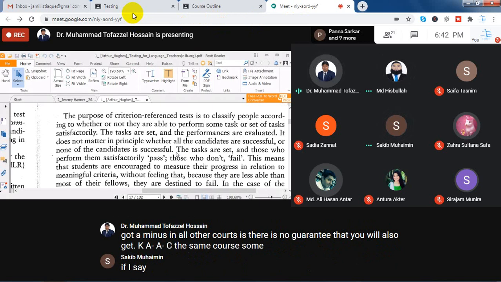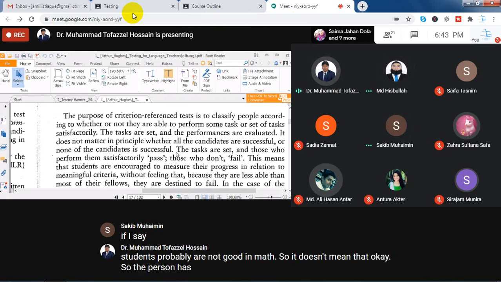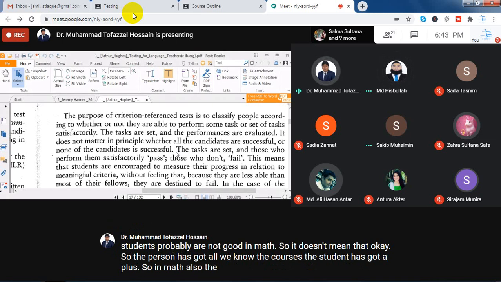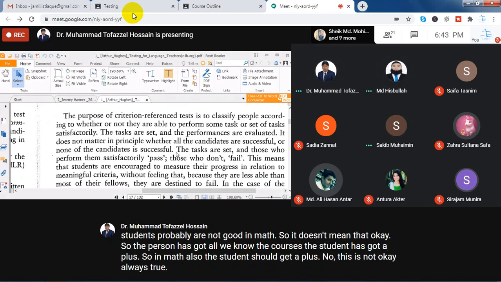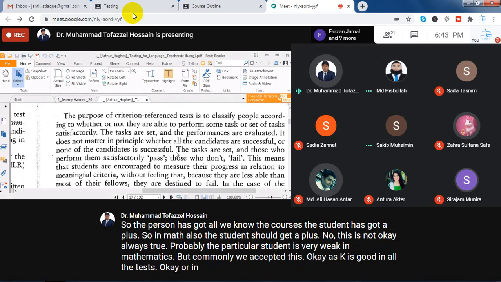Some students probably are not good in math, so it doesn't mean that because the student has got A plus in all the courses, in math also the student should get A plus. No, this is not always true. Probably the particular student is very weak in mathematics, but commonly we accept this as he's good in all the previous tests.